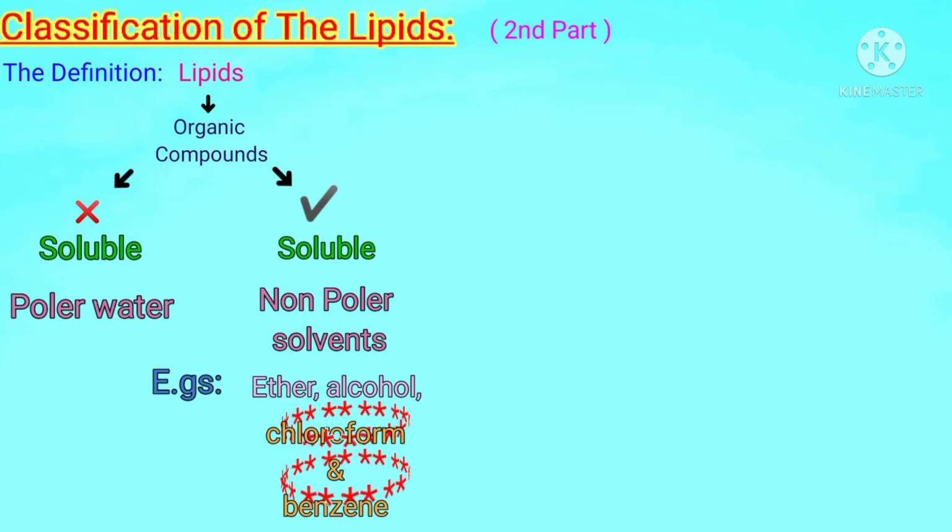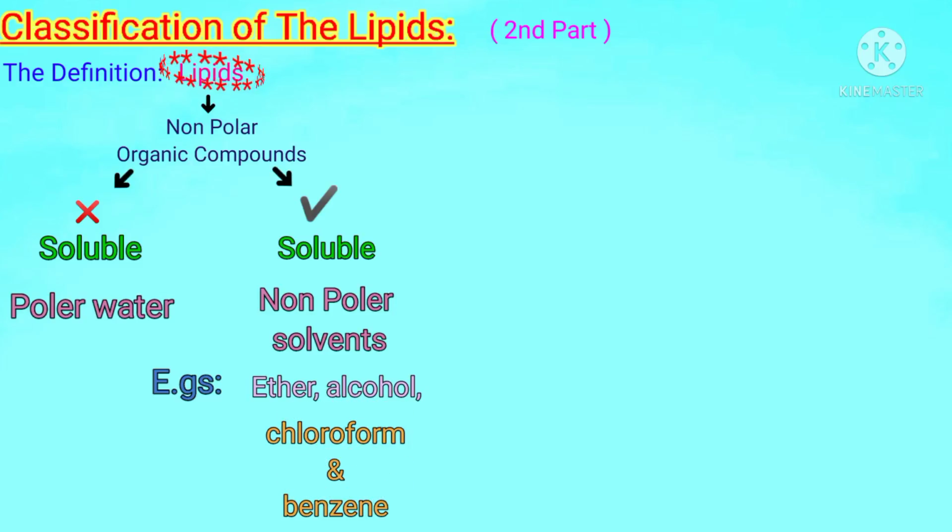These non-polar solvents help in the solubility of lipids, which are non-polar organic compounds. But these compounds cannot be soluble in polar solvents like water. Another important point about lipids was that lipids are associated with fatty acids.